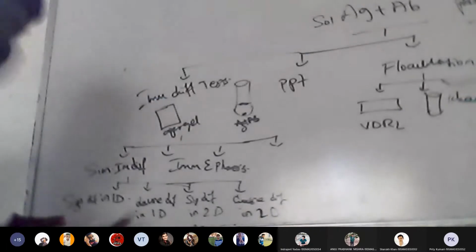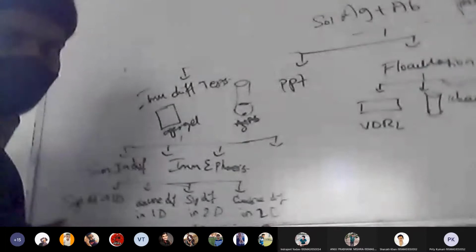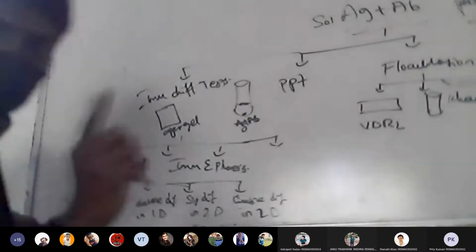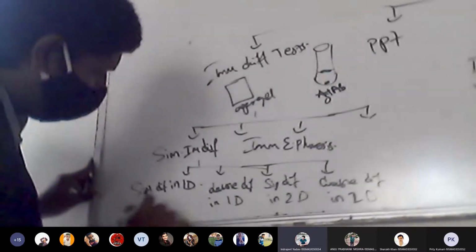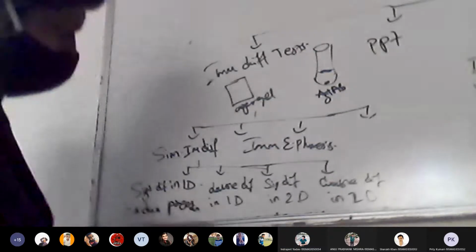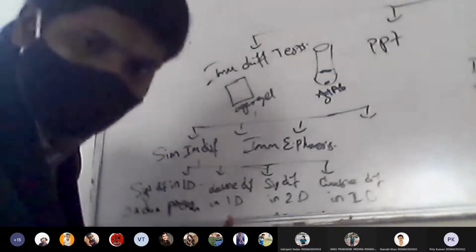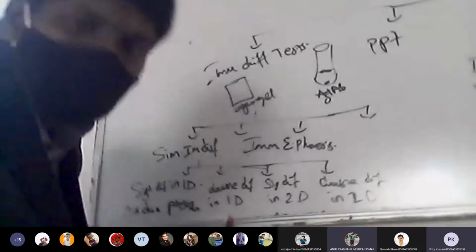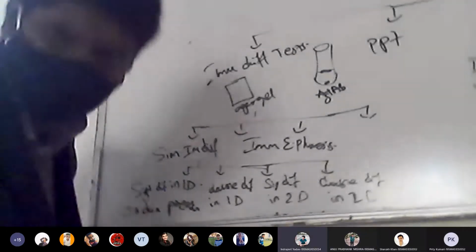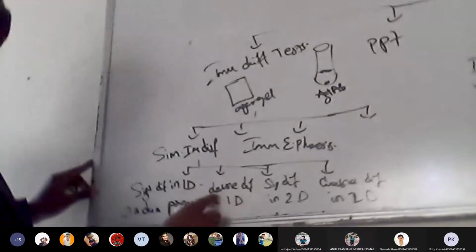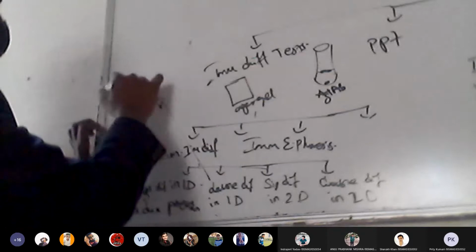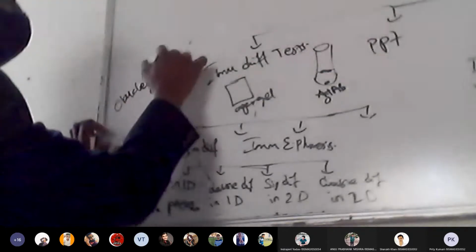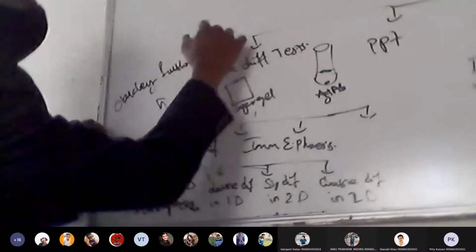Excellent answers. Now we have other names for these tests. Single diffusion in one dimension is also called the Oudin procedure. Double diffusion in one dimension is also called the Oakley-Fulthorpe procedure.